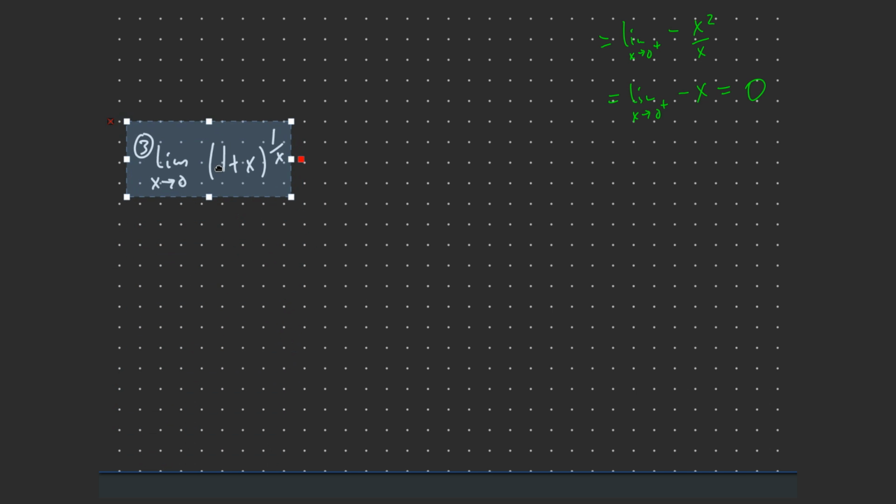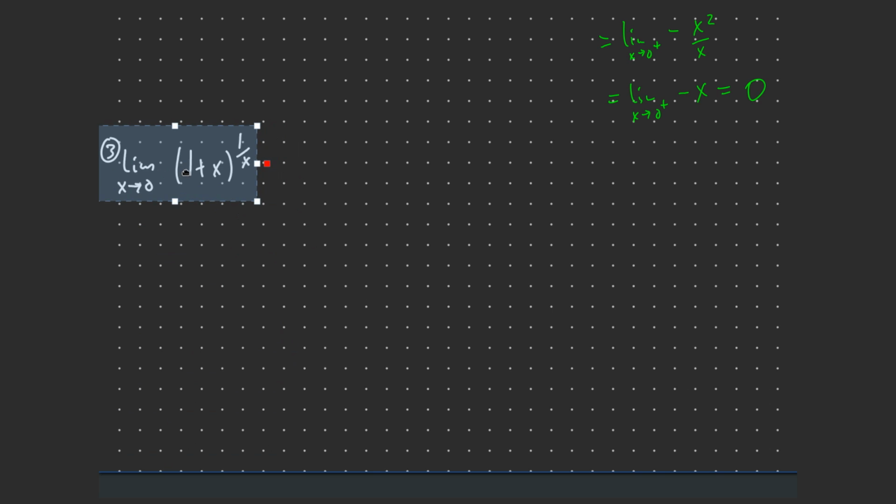And so I'm going to try it now on this equation here. So I can once again introduce this intermediate step where I add this exponential. So I take the limit as x goes to 0 of the exponential of the natural log of 1 plus x, to the power of 1 over x.